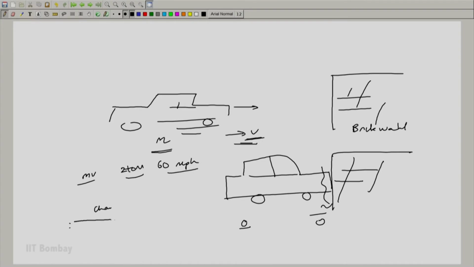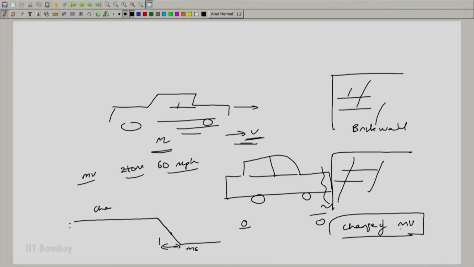The momentum change from this to 0, and the time here is very little, milliseconds or less, because you just hit a brick wall. If you look at the change of momentum, this would be an impulse. Momentum just went from being so high to zero.